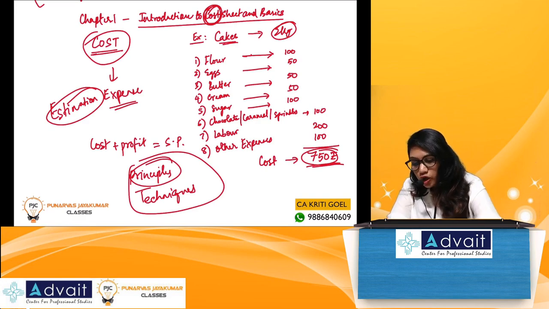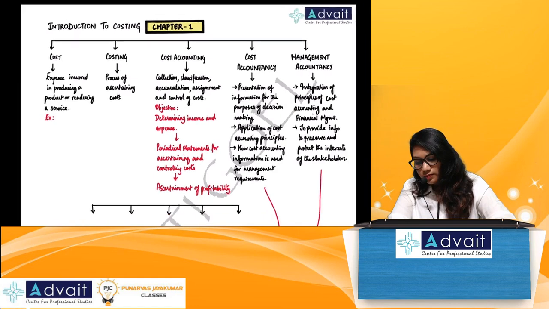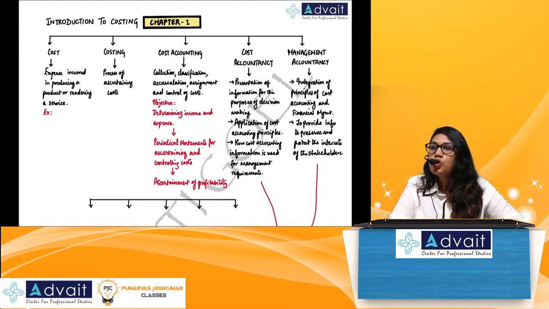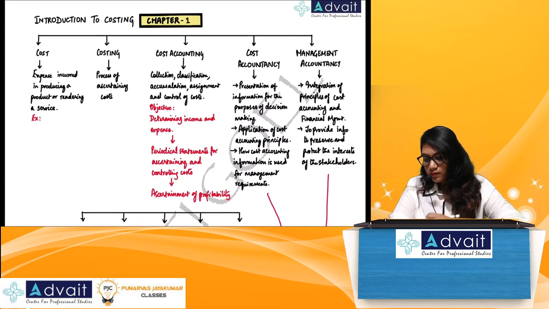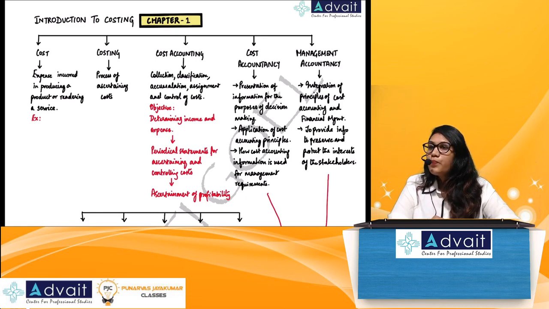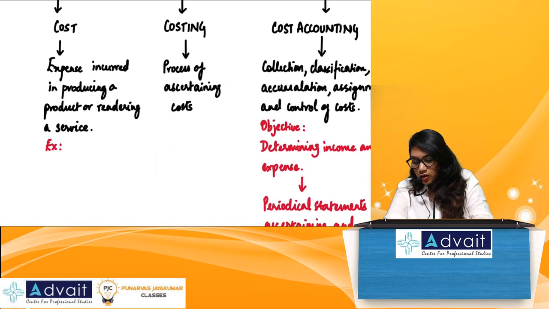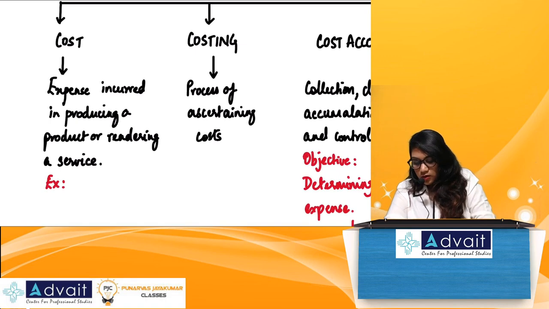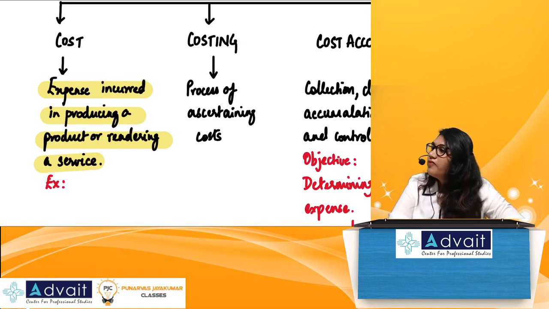Okay, so if you go to your chart book, the first page, please open your chart book, the first page. See here, it says cost: expense incurred in producing a product or rendering a service.